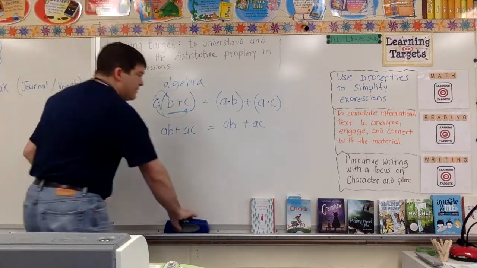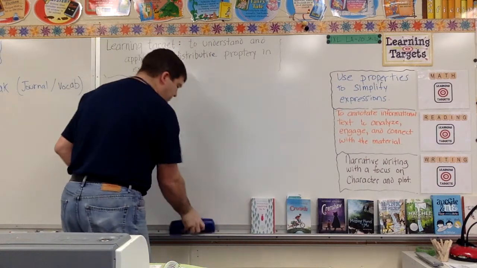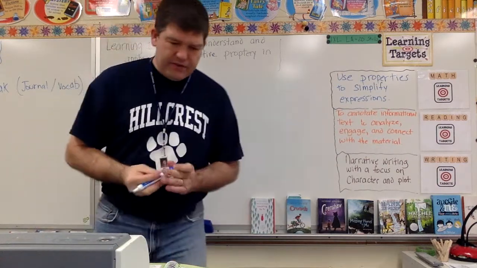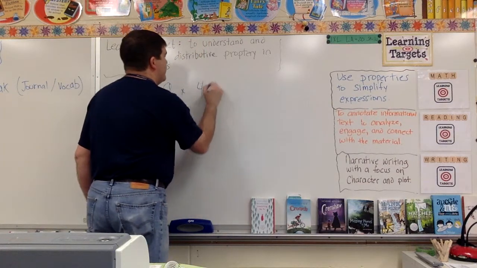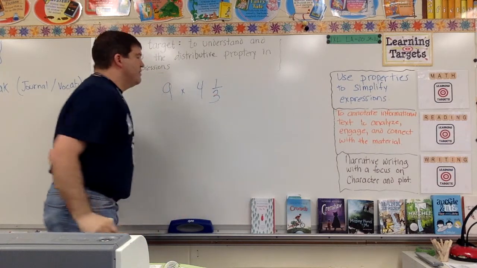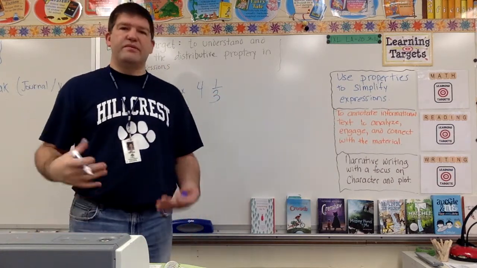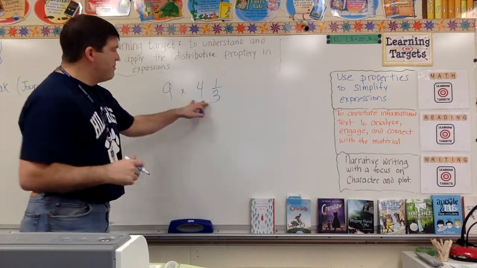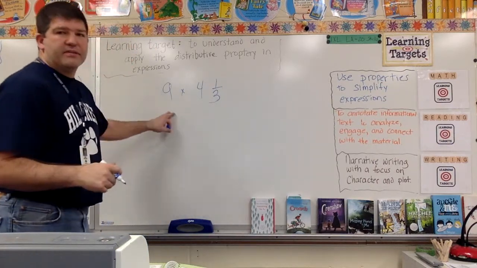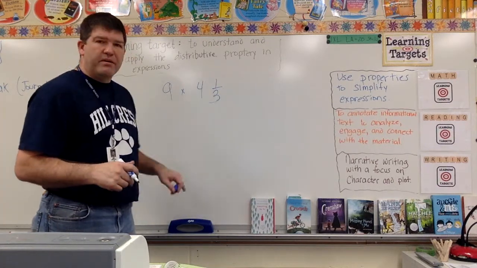So let's do some problems here. So if I have 9 times 4 and 1/3, I'm going to show you how this might help you in terms of even doing some more mental math. I get to this problem, I think, oh my gosh, I have to times this whole number, this 9, times a mixed number.